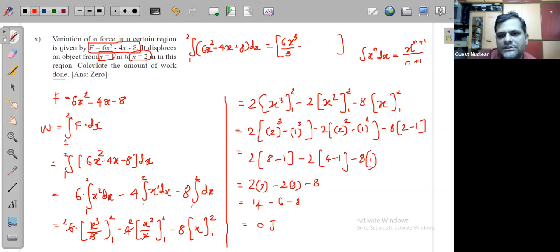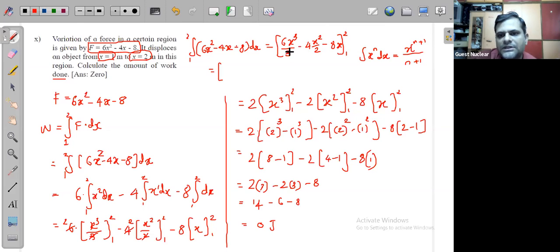Okay, minus 4 is a constant once again and can be taken out, and it is x only. What will the integration of x become? x square by 2, as we know. So here it will be x square by 2, no doubt. And 8 is again a constant, and what is the integration of dx? Simply x. That's why we can get this as minus 8x. That's it. And that is from 1 to 2. And then in the next step we have to substitute 2 here.